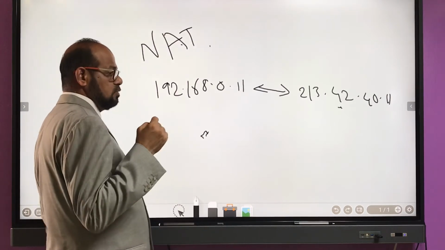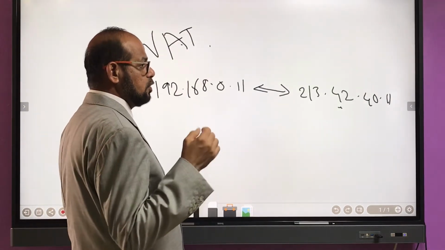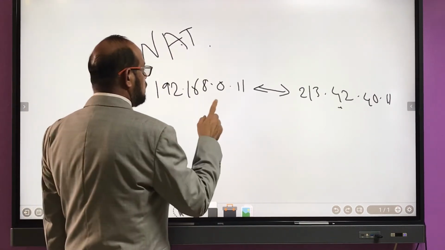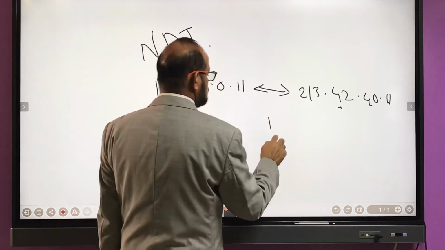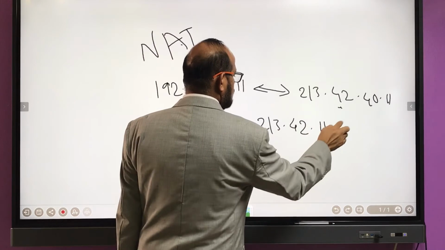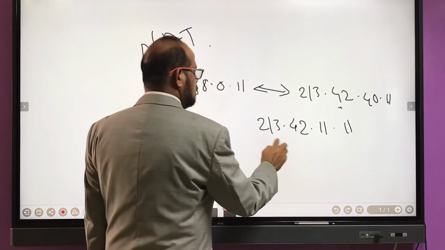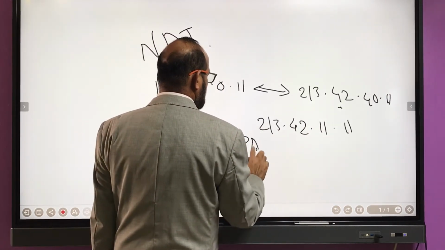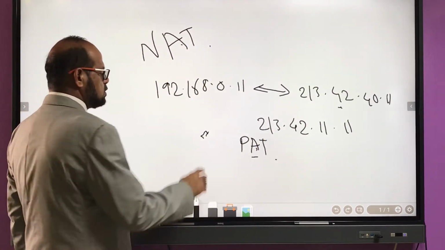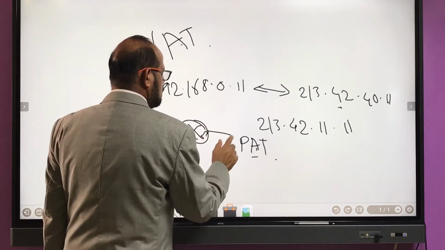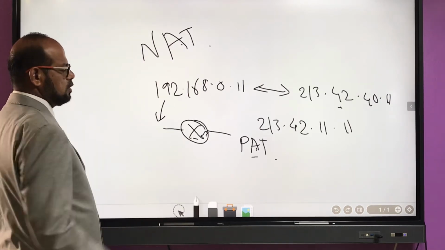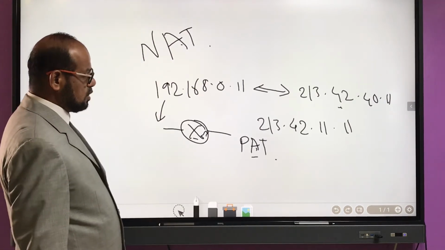There is another NAT which you use for internet browsing. Those use one IP to go out. Suppose you have the IP 213.42.11.11 to go out. That is called PAT. For internet traffic to go out with this IP address from your router, you have your internal network, which is 192.